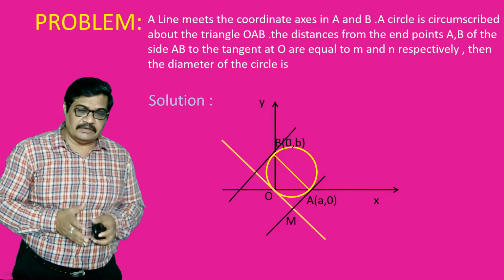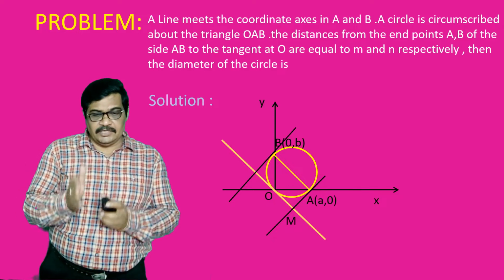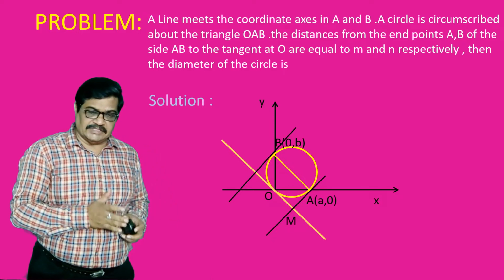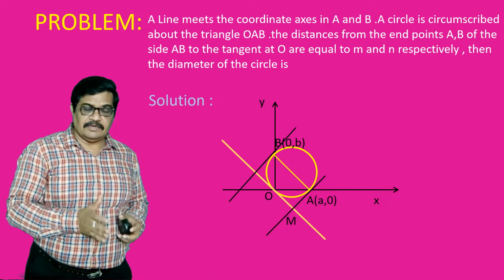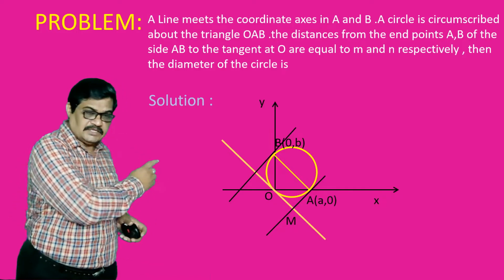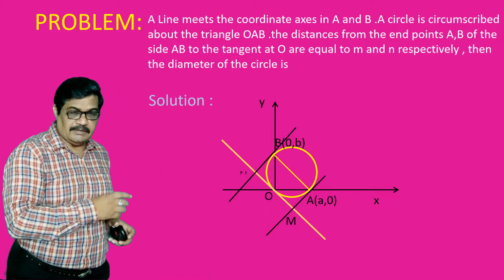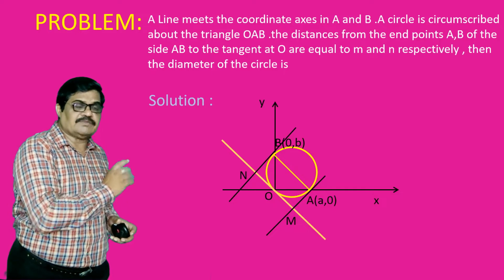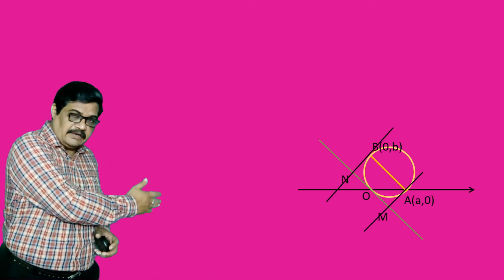Now it is given that the distance from A to the tangent, that is AM, is small m and BN is small n. Here AM is small m, BN is small n. We have to find the diameter of the circle. See this diagram again.